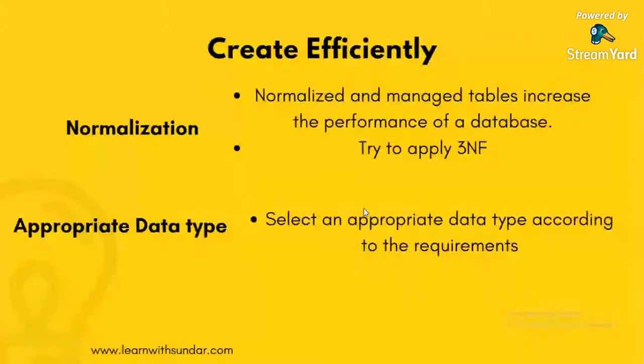Now we have decided to create a table, and each table has multiple columns. Each column should have an appropriate data type, according to the requirements. For example, if you are going to store a mobile number, then declare it as int or bigint.